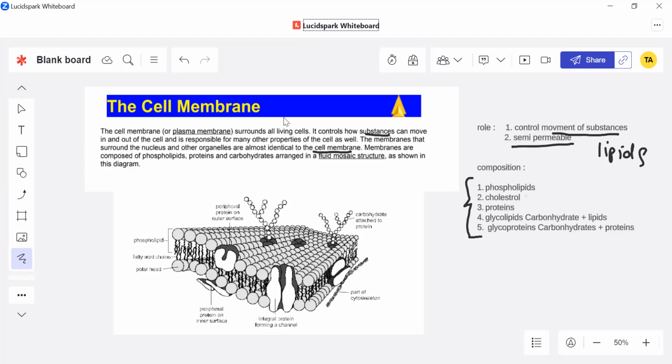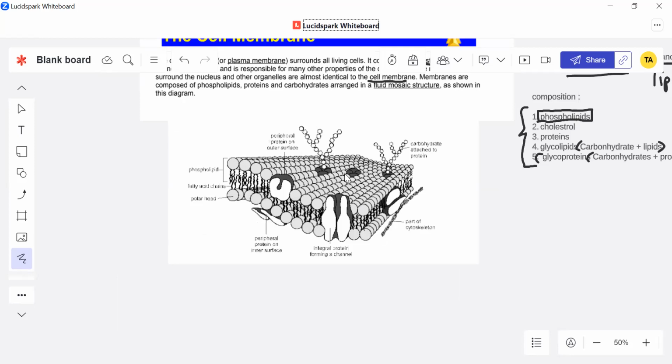So phospholipids, cholesterol, protein, glycolipid, which is basically carbohydrate and lipids combined together, and glycoproteins, which is basically carbohydrates and proteins combined together. Now, phospholipids will be discussed in more detail in chapter number 1. When I finish this chapter, I'll go to chapter number 1, and in that chapter, you will learn more about phospholipids.